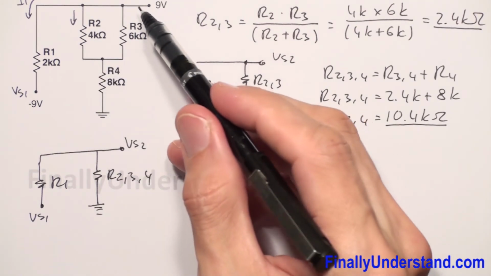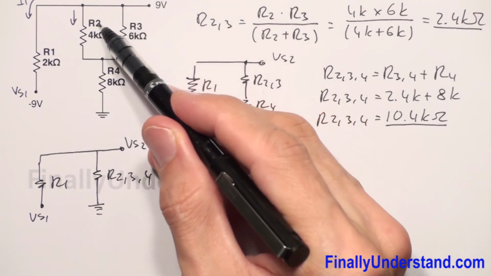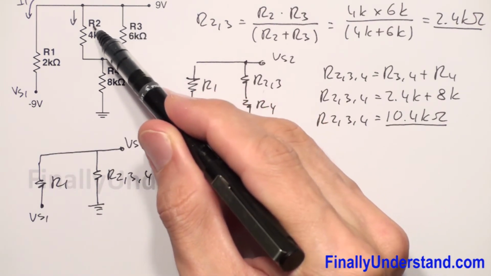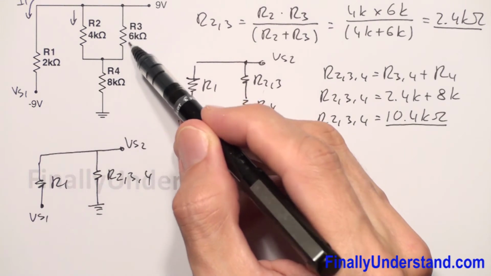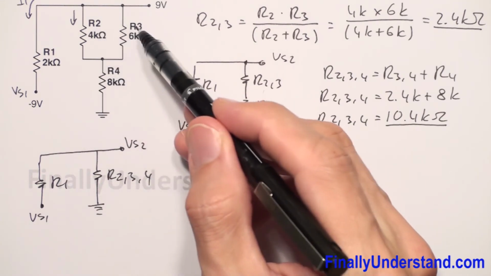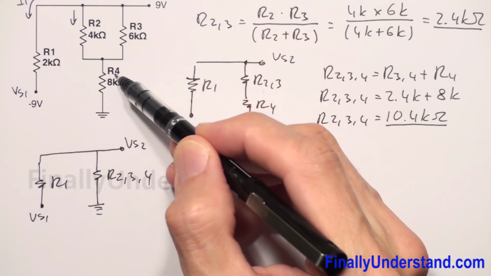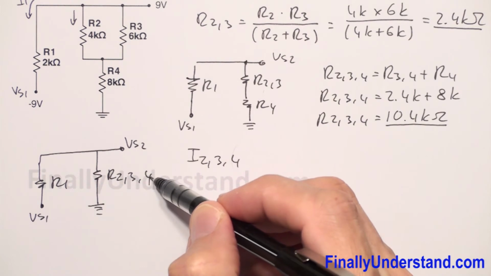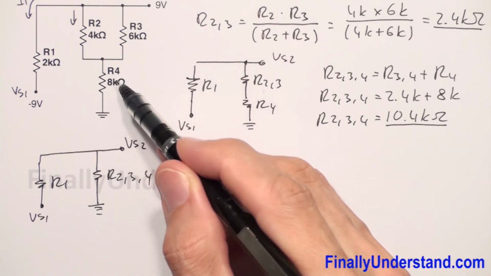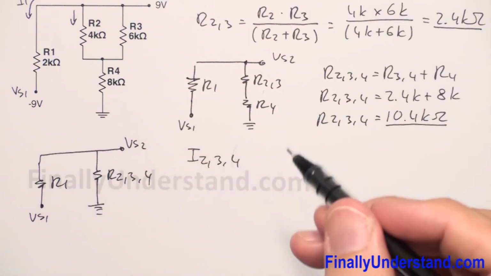It simply means that this is the current which is going to split into these two resistors, and after that, currents I2 and I3 are going to make I4. So that's why I say that I234 is going to be equal to I4.